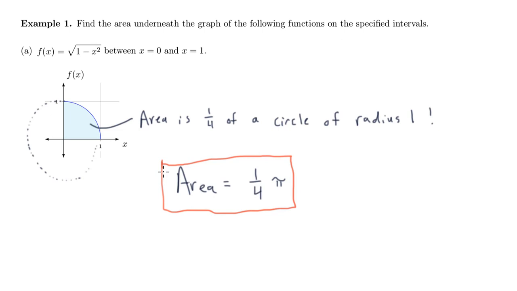I mean, we really don't need to do anything crazy because we already know the area of a circle and we're just using that to our advantage and recognizing that this function really is just a quarter of a circle, right? Because if I say y is f of x, then this is just the positive square root looking at the equation y squared plus x squared equals 1.